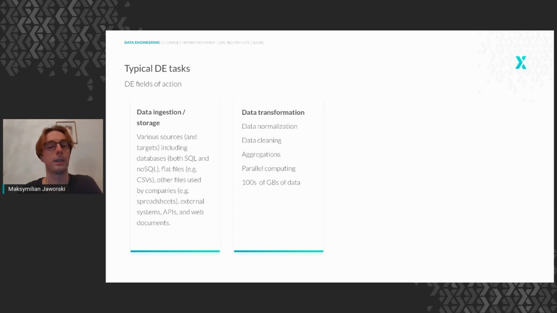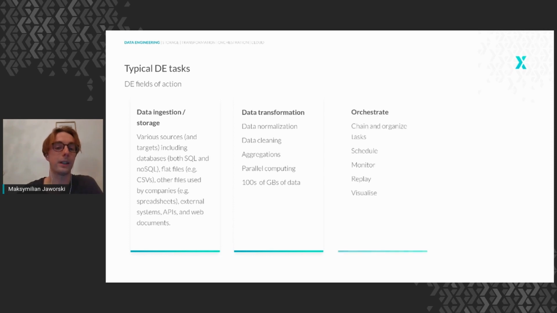This includes tasks like changing or eliminating garbage, incorrect, duplicated, somehow corrupted or incomplete data in the dataset, casting the same data to a single type, ensuring dates are in the same format, etc. We also perform some less or more complex aggregations, and since all these transformations are often performed on extremely large amounts of data, like hundreds of gigabytes or terabytes, there is an obvious need for parallel computing.